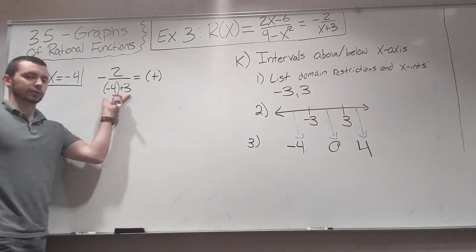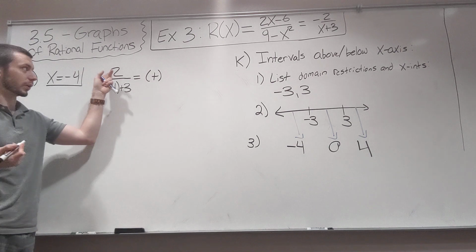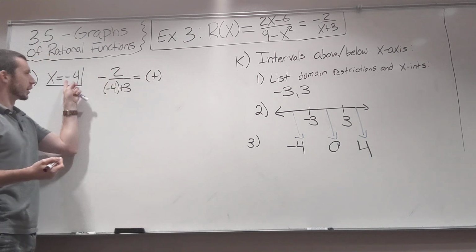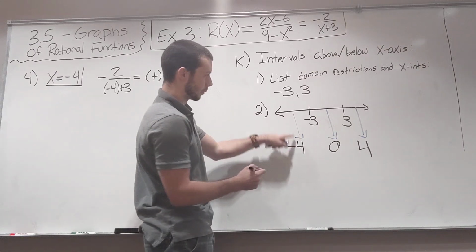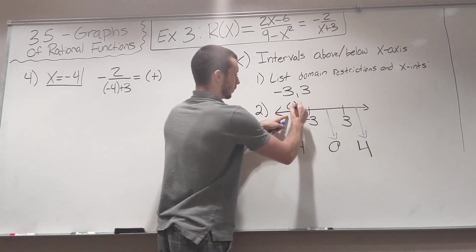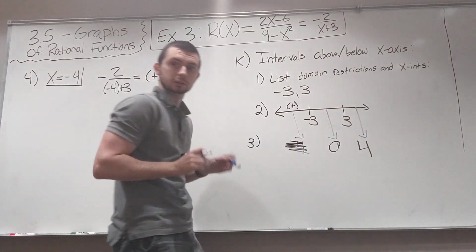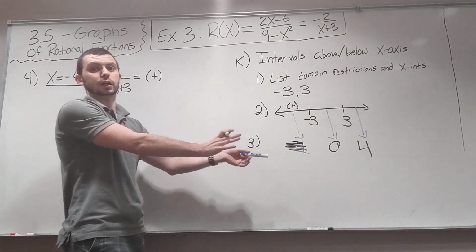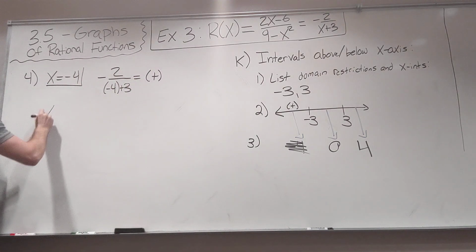It's positive because the denominator will give us a negative, and there's already a negative in the numerator, so we get a positive from -4. So -4 gives us a positive. Now that we get that, -4 should be ignored. I just scratched it out. And so we move on to x equals 0.